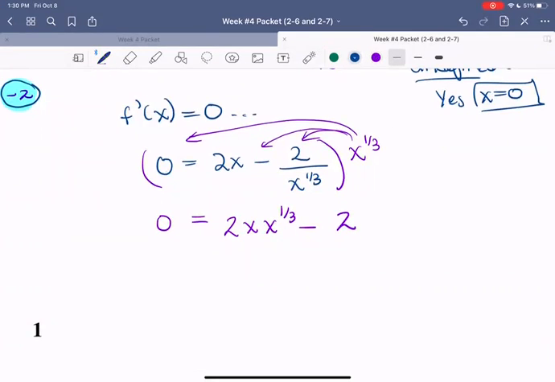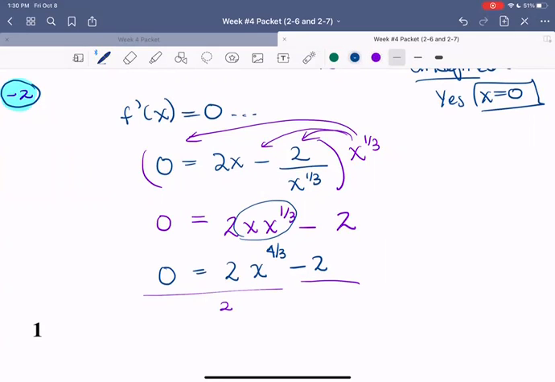Now I can combine some terms. I have an x to the 1 power times x to the 1/3, so that becomes 2 times x to the 4/3. I'm just adding the exponents because I have the same base, minus 2.